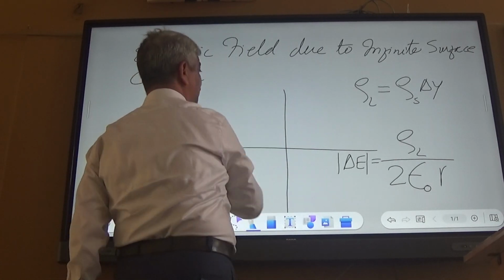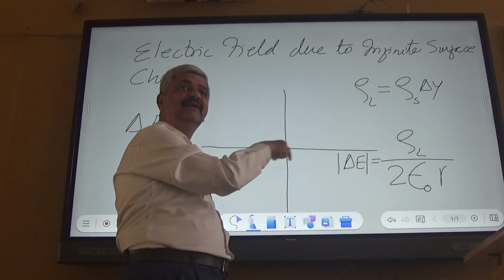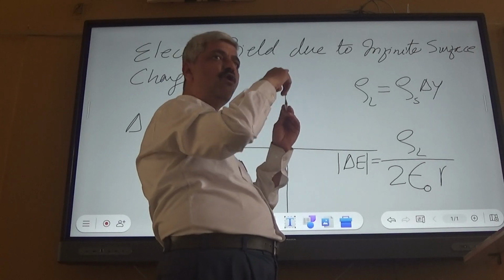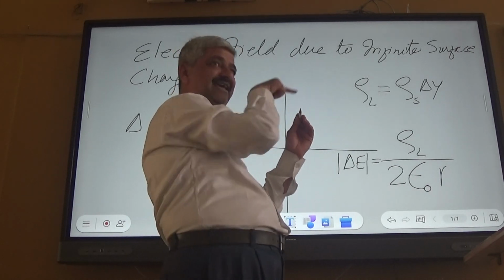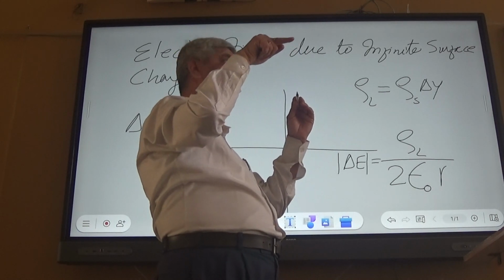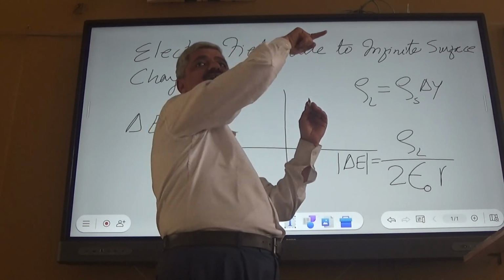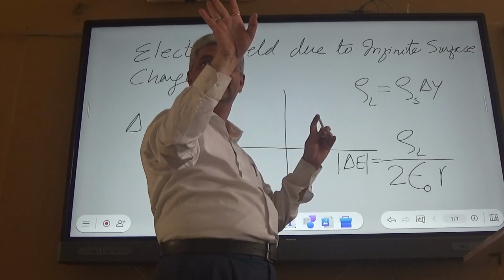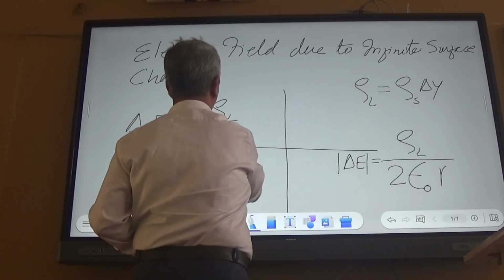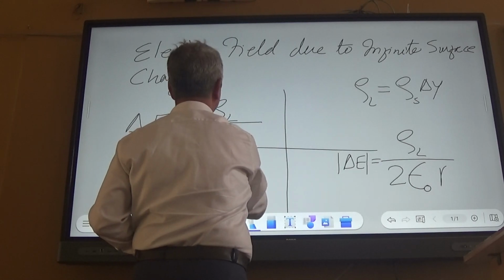Delta Ez would be mod delta E into delta Ez, mod delta E into Z upon this distance. That is under root z square plus y square. Is it right? So it is rho L upon 2 epsilon naught.